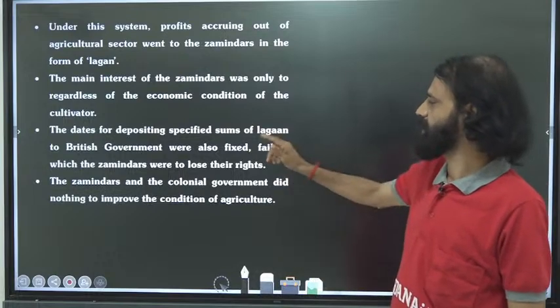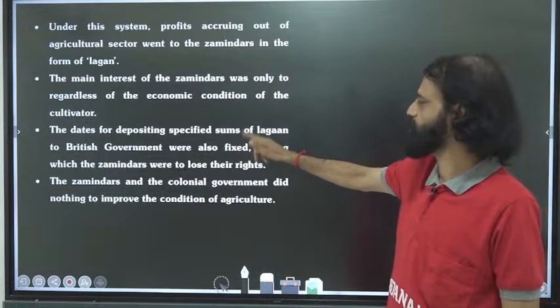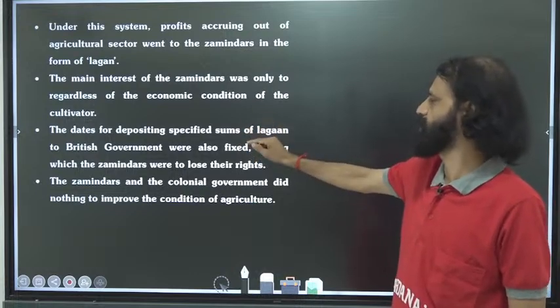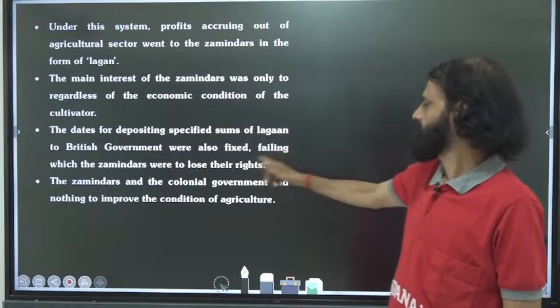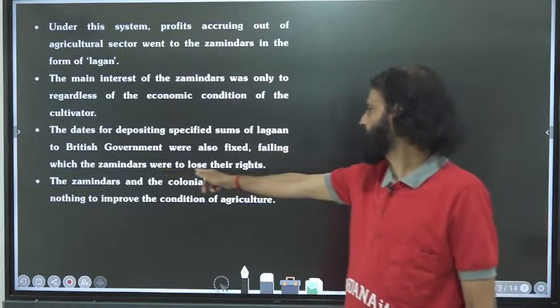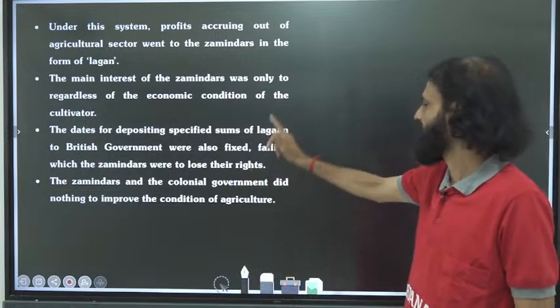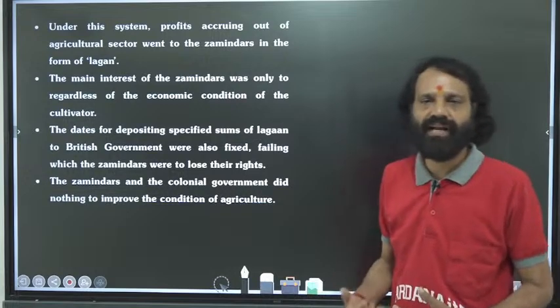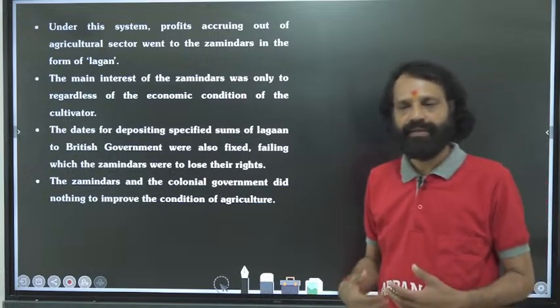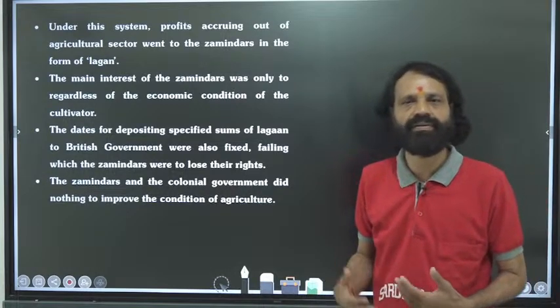In case the zamindars failed to submit the amount within the date, what happened? Zamindars were to lose their rights. They could never be a zamindar anymore.